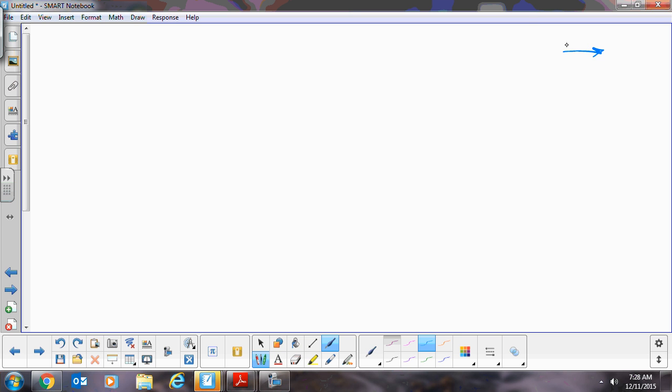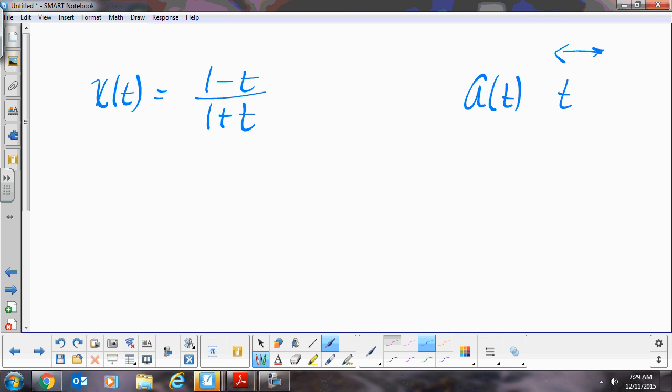That means that there's a horizontal movement on this particle in such a way that x of t is equal to 1 minus t over 1 plus t. We want the acceleration of the particle when t is equal to 0. How many derivatives is that? 2.